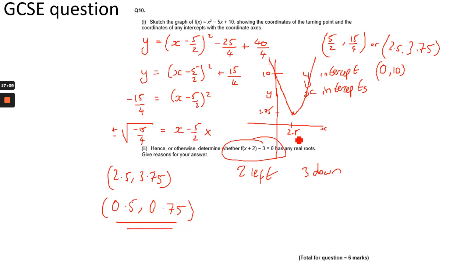Because these two values are still above the x-axis, (0.5, 0.75) is going to be about here, your graph is still not going to cross the x-axis. So does it have any real roots? No, as the minimum point is (0.5, 0.75).